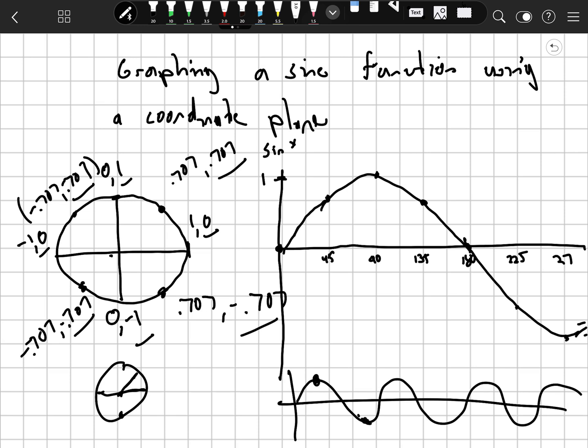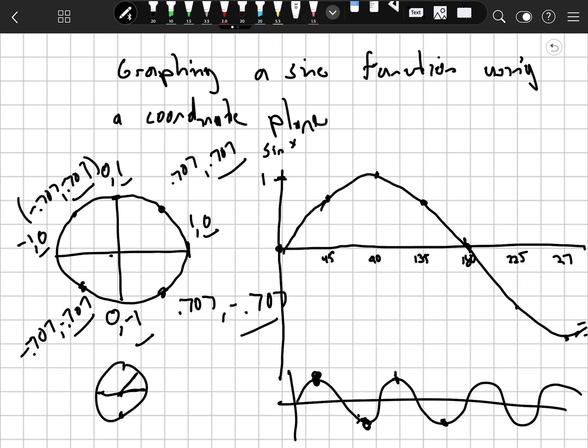This is the maximum, and then the minimum, and then the maximum, and the minimum, and so on. And your angle measure would tell you that. So if you had an angle measure of 90 degrees, you're right here, and then at 180 you're down there, and so on.